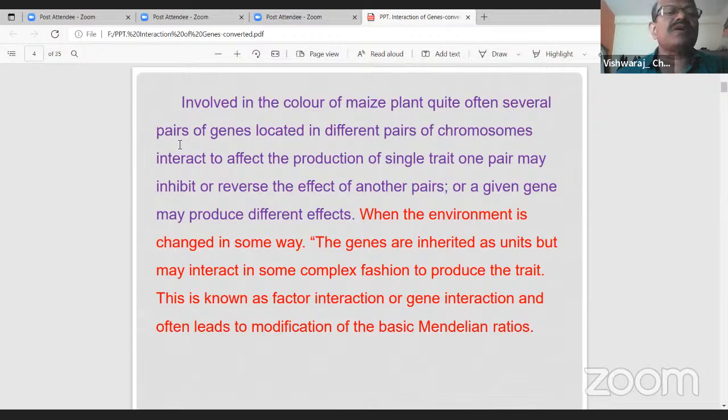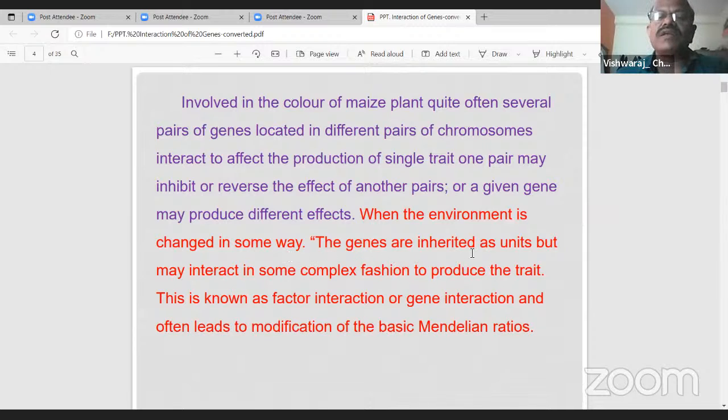Quite often, several pairs of genes located on different pairs of chromosomes interact to affect the production of a single trait. One pair may inhibit or reverse the effect of another pair, or a given gene may produce different effects when the environment changes.